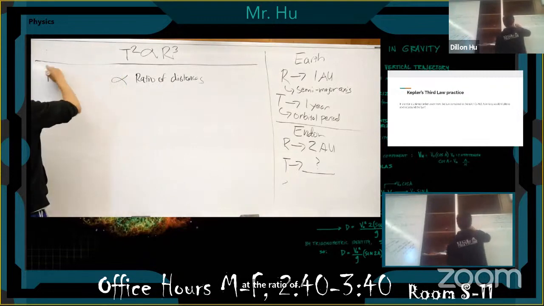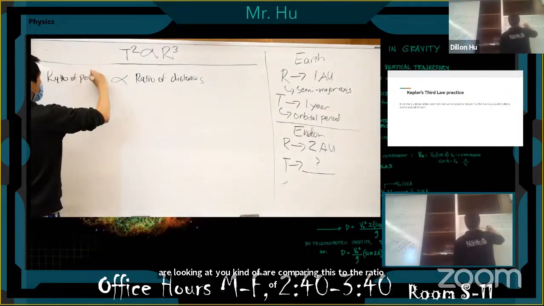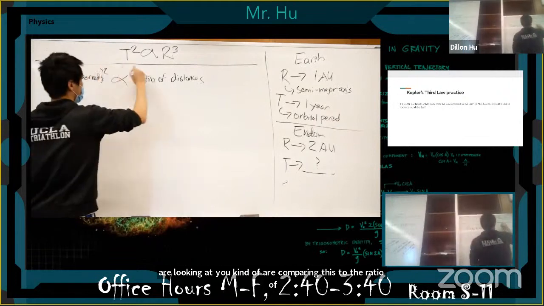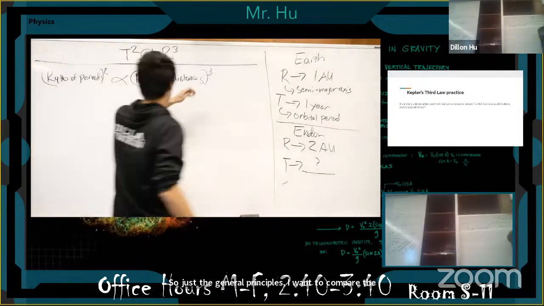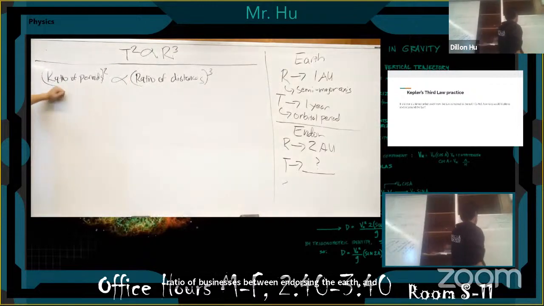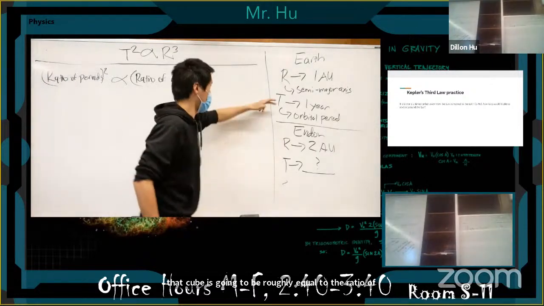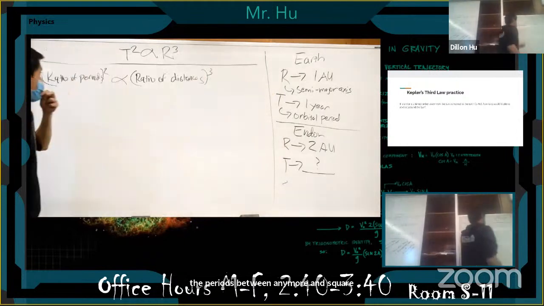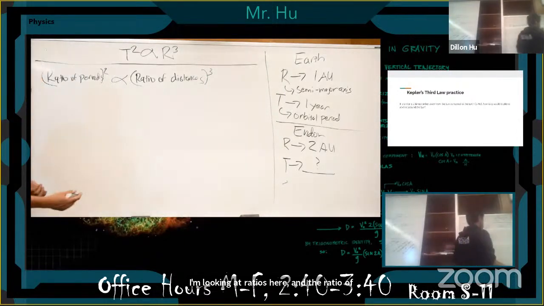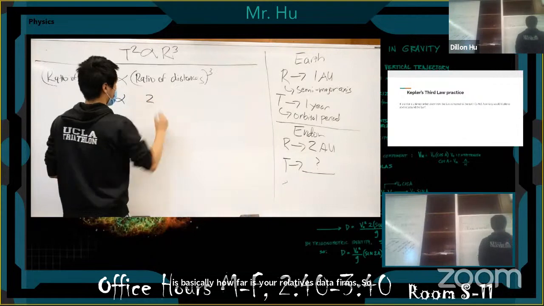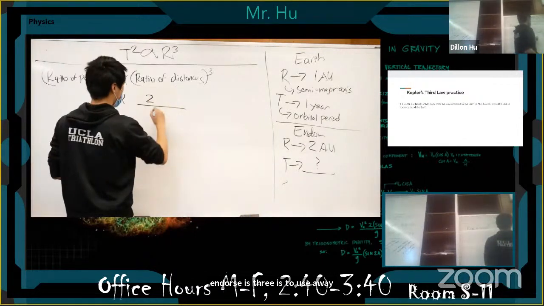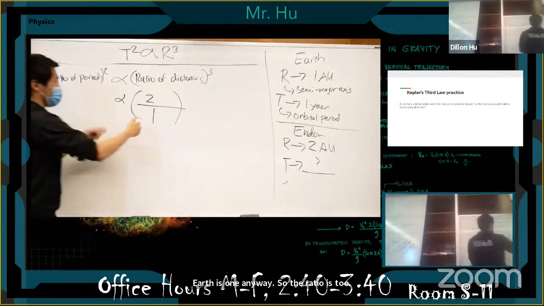The general principle is I want to compare the ratio of distances between Endor and the Earth, and that cubed is going to be roughly equal to the ratio of the periods between Endor and Earth squared. The ratio of distances is basically how far Endor is relative to Earth. So Endor is 2 AUs away, Earth is 1 AU away, so the ratio is 2.